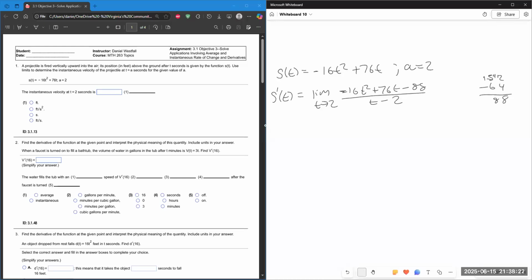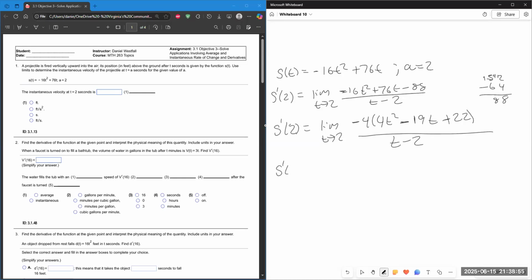So s prime of 2 is equal to the limit as t approaches 2 of negative 4 times 4t squared minus 19t plus 22, over t minus 2.